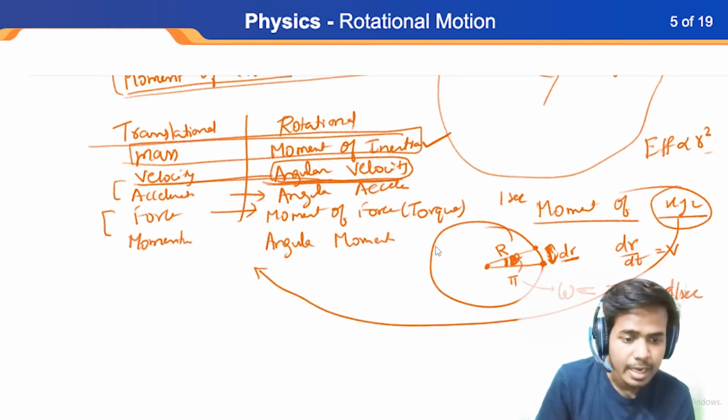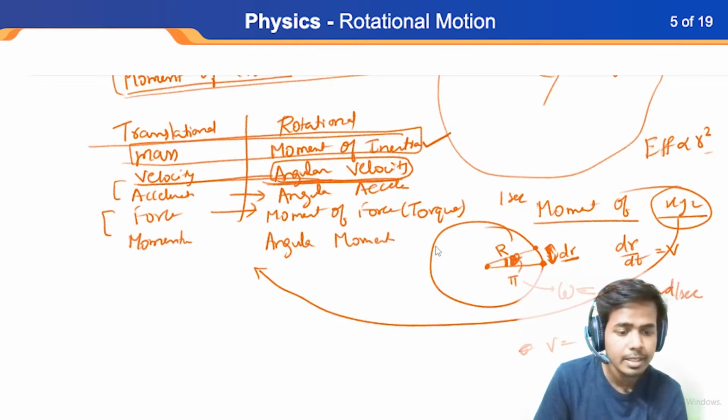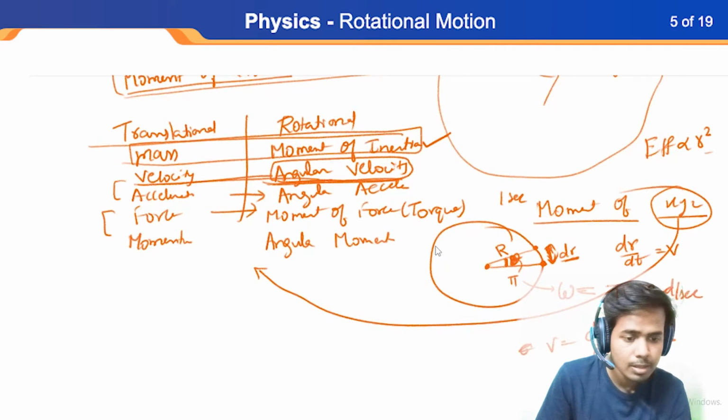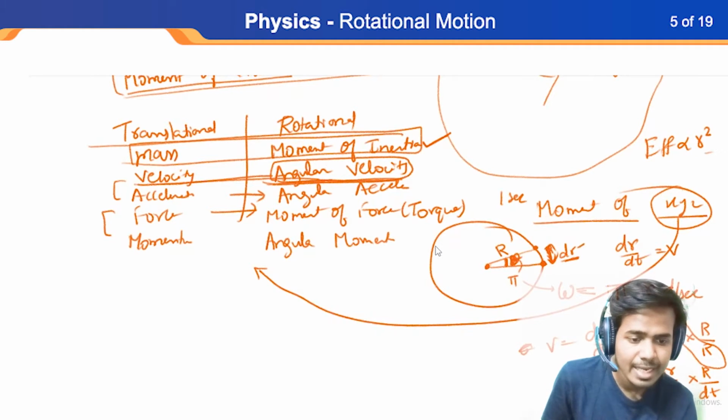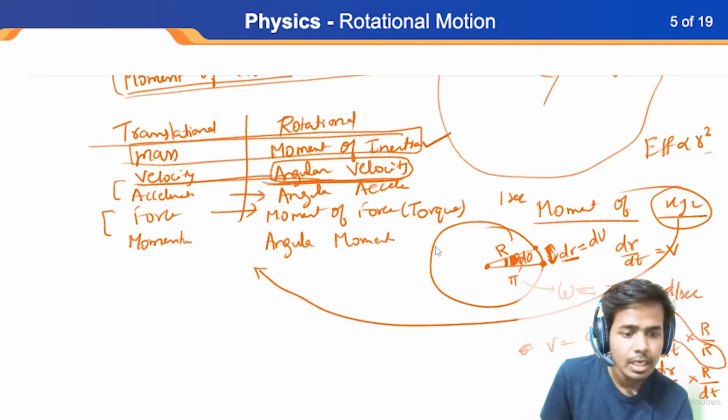Now, can I write v is equal to dr by dt? Of course, it is the way velocity is defined. Now, I divide this by r and multiply this by r, so that I can take this term and leave the rest: dr by r into r over dt. Now, this dr is nothing but d theta into r.